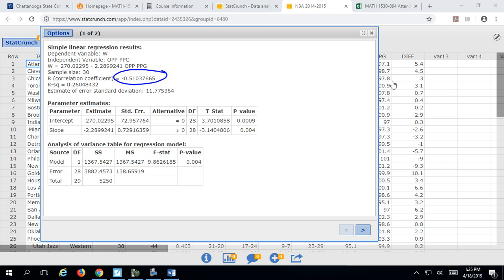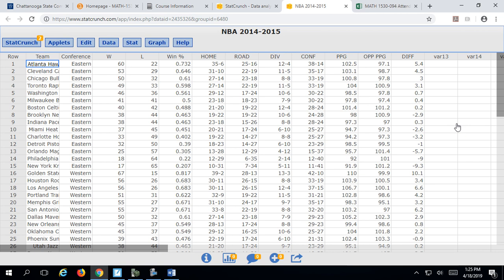Now, do we think there's a better one? Is there one that takes into account both offense and defense? Is there a variable that takes both of those into account? Offense and defense.